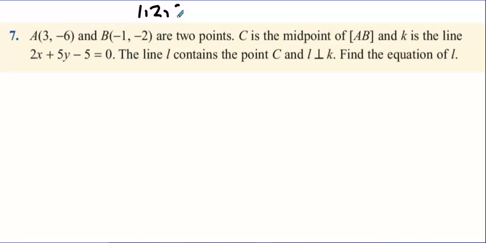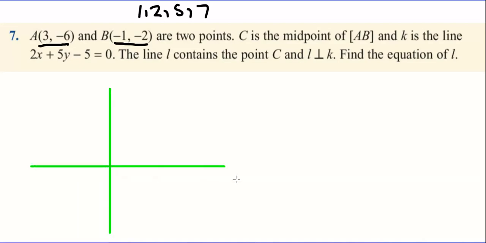And now I have 7. A is the point 3, minus 6, B is the point minus 1, 2. C is the midpoint of AB. So I'm drawing this just to get myself a rough idea of where everything is. A is 3 across, 6 down, which would be here, roughly.